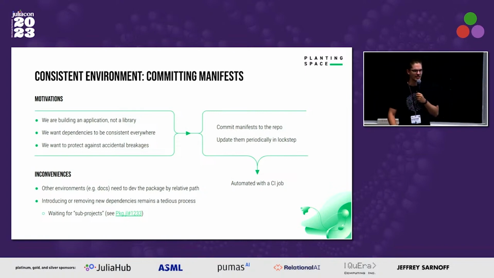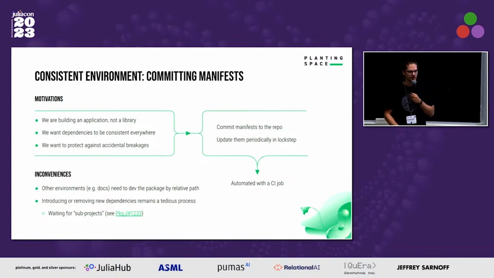What is important for us is that for all developers, the environment is exactly the same, which also means that we want to avoid accidental breakages. Even though compat bounds and semantic versioning have very clear rules, sometimes maybe one developer has already loaded some patch update, and suddenly everything breaks, but not for the other developer who hasn't done it yet. So we commit the manifest to the repo, but we still want up-to-date stuff.